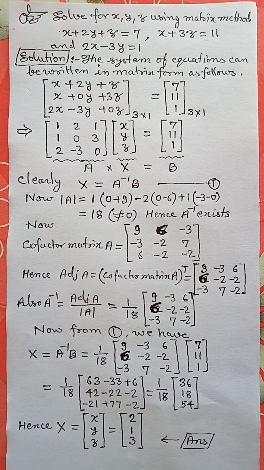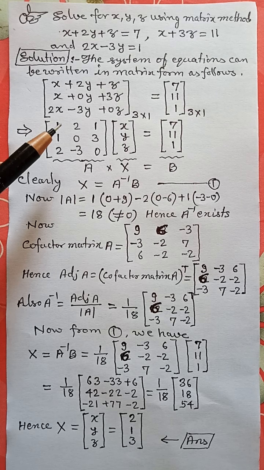When the determinant of a matrix is not zero, it is called a non-singular matrix. And when the determinant of a matrix is zero, it is called a singular matrix. So if the matrix is non-singular, then its inverse exists.